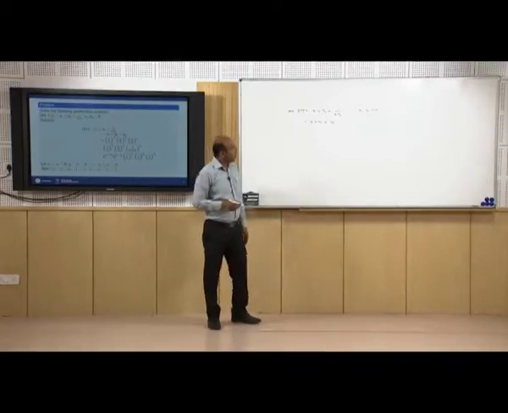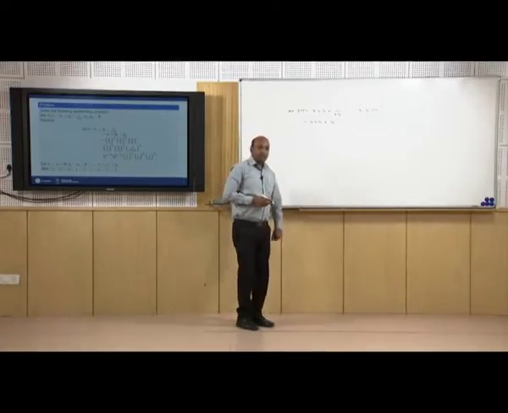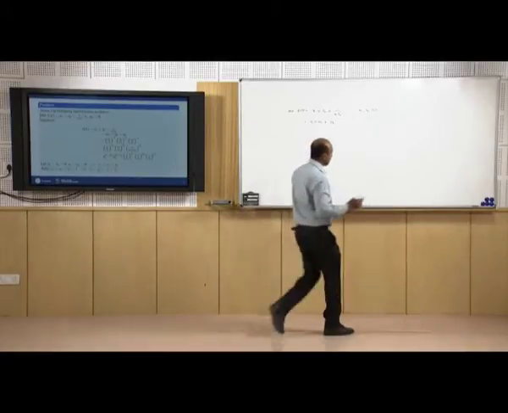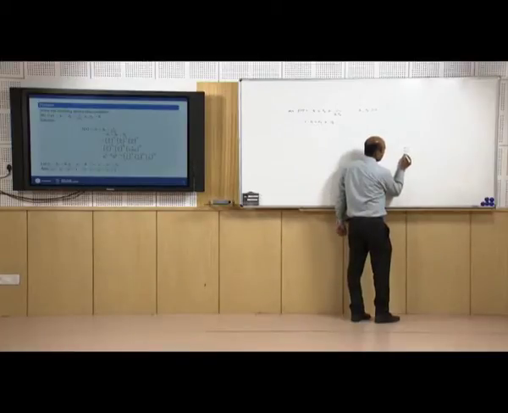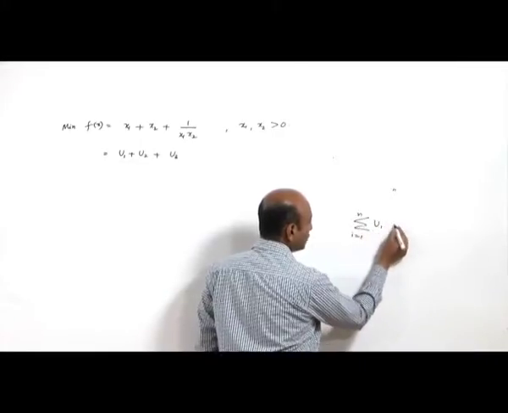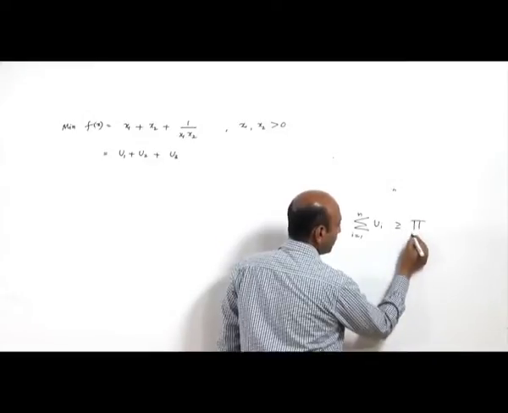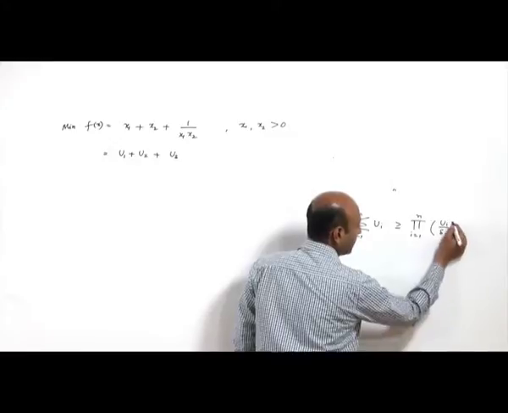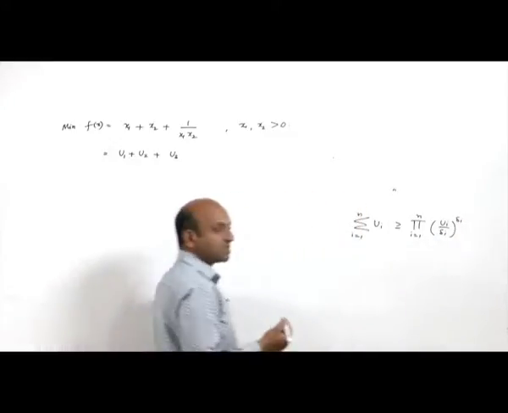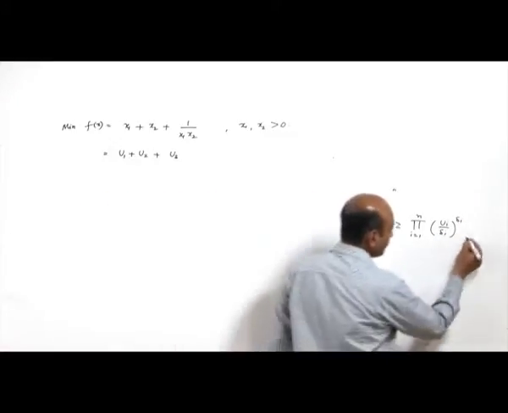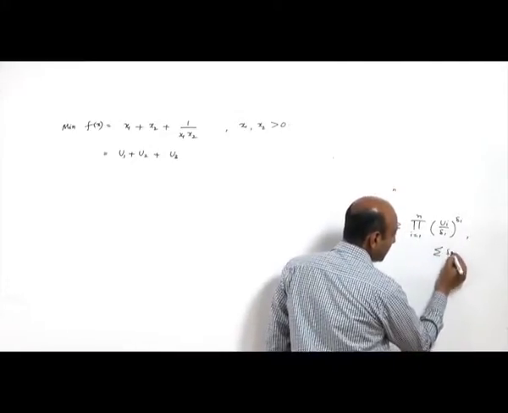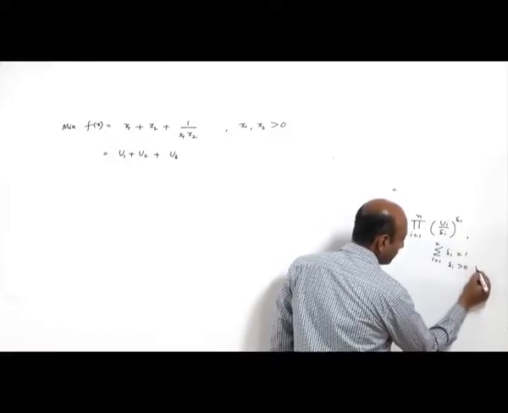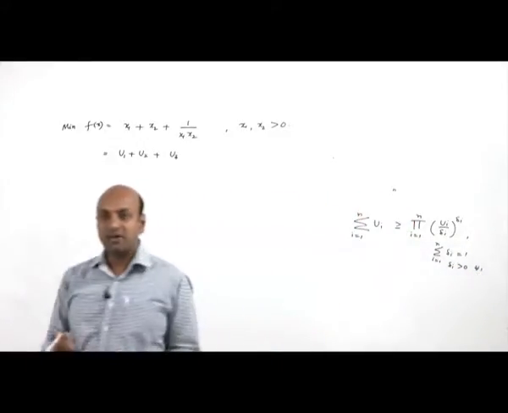Okay. Now, we have already studied that the sum of i from 1 to n, ui is always greater than or equal to the product i from 1 to n, ui upon delta i whole raised to power delta i, where sum of delta i is 1, i varying from 1 to n, and all delta i are strictly greater than 0. This inequality we have just seen.